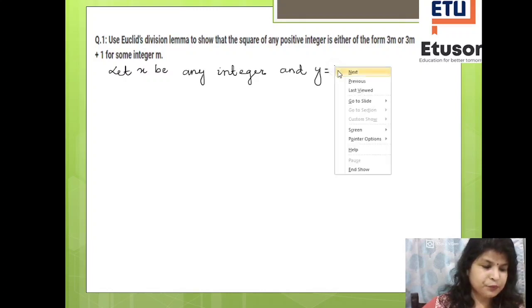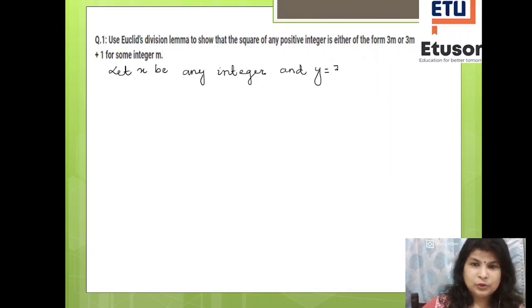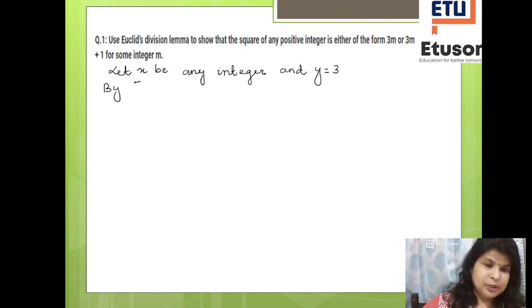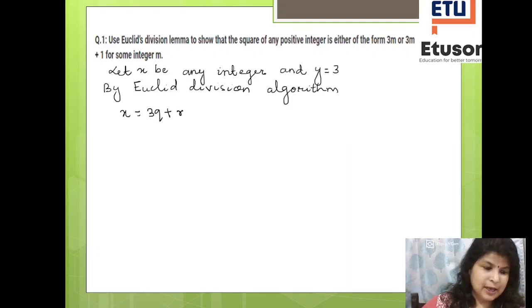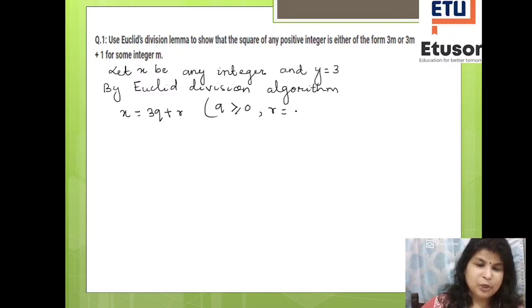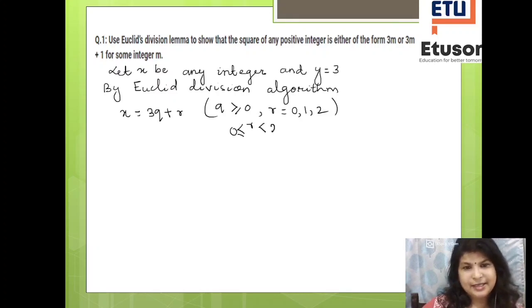So by Euclid's division algorithm, you can write x as 3q plus r, where q is greater than or equal to 0, and what are the possible values of your remainder? That is r is equal to 0, 1, 2. That means your r is greater than or equal to 0 and less than 3.